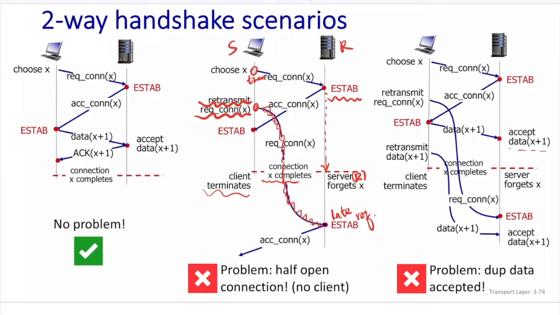So at this moment, the receiver opens the connection, but the sender does not. Because both of them terminated the connection, but a late retransmitted request arrives at the receiver after the sender and the receiver terminated the connection. So the receiver opens the connection, but the sender does not intend to do so. So we call it a half-open connection.